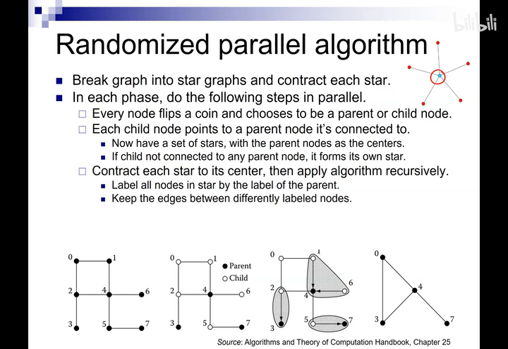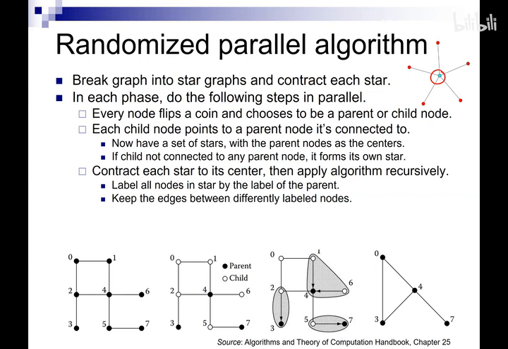And now we want to make sure that all of the nodes in this connected component get the label of the final node. So everybody in this connected component gets the same label, and in this way, all of these nodes know that they come from the same connected component. Therefore, we want to label all of the nodes in this connected component by the label of the final node that they all contract to.